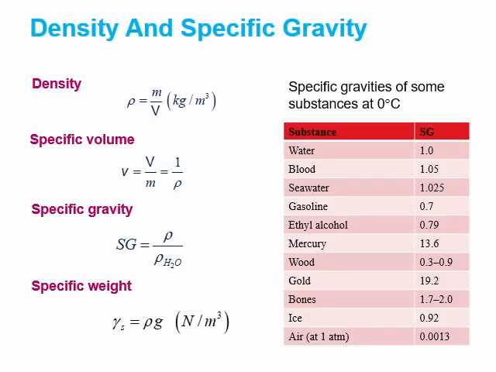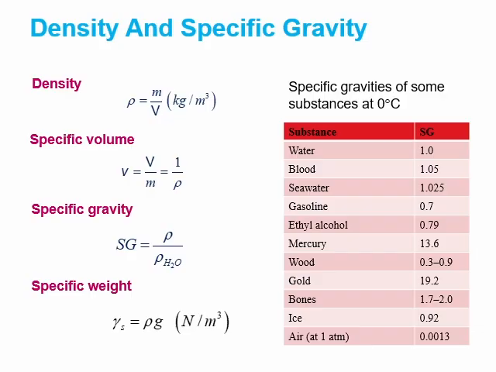All the concepts and definitions of thermodynamic properties are included here for your reference and also used in this course as well. Density rho is the mass per unit volume. And the specific volume, in this case small v, is the inverse of density, so the volume per unit mass. Specific gravity compares a substance's density to that of water.